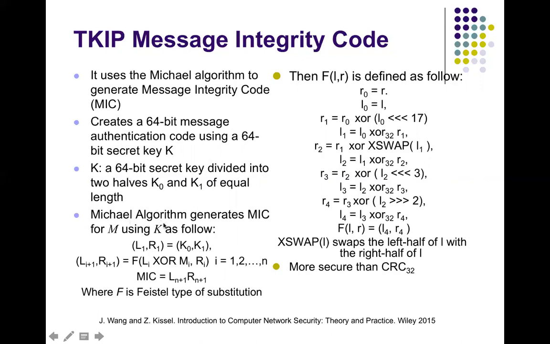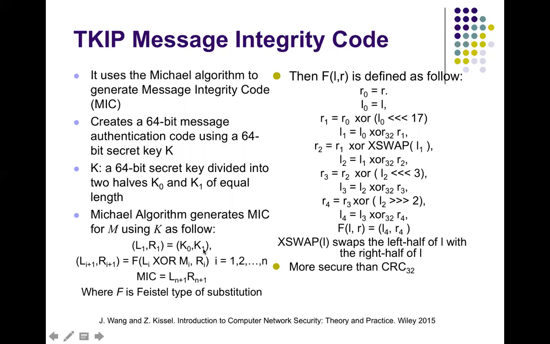And this is the Michael algorithm. We're not going to go through this algorithm in detail, but you can see here that this function F is a substitution function, and you have a shift, an exclusive OR, and a swap.